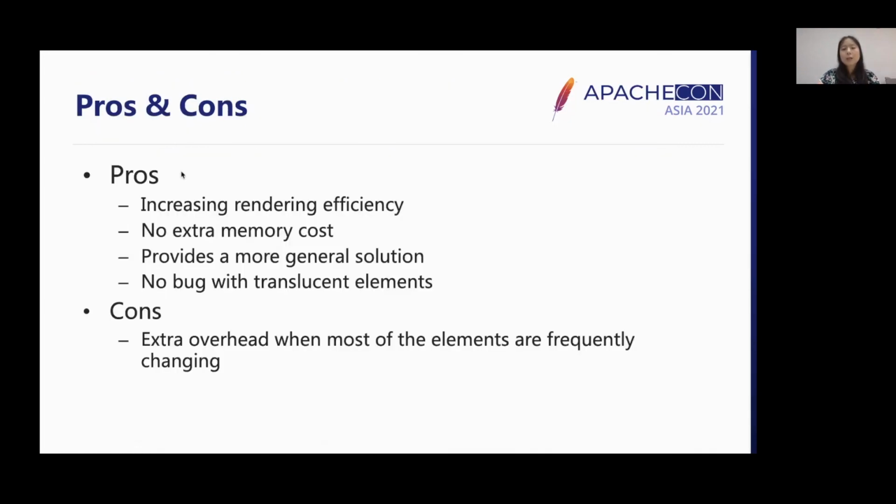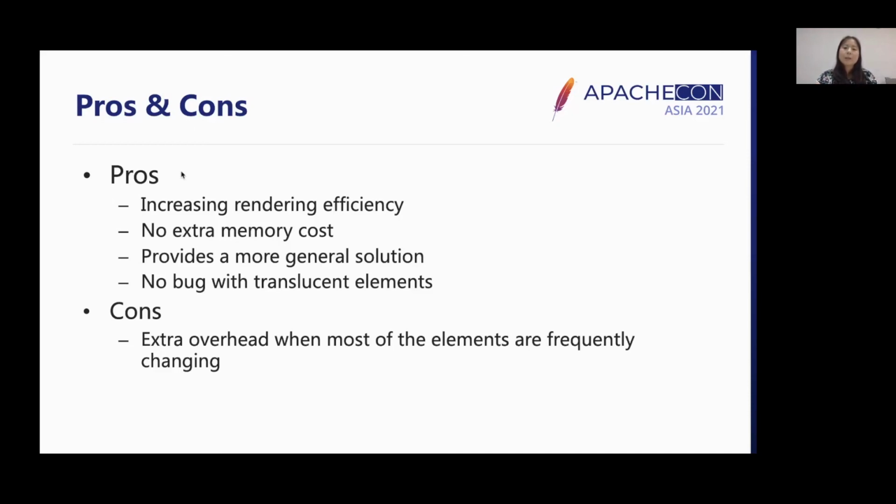In conclusion, using dirty rectangle rendering can be an effective solution for scenes with a small area changing. There is no extra canvas layer, so there is no extra memory cost. And it is also a more general and correct way to do it, and does not have the problem of translucent elements.